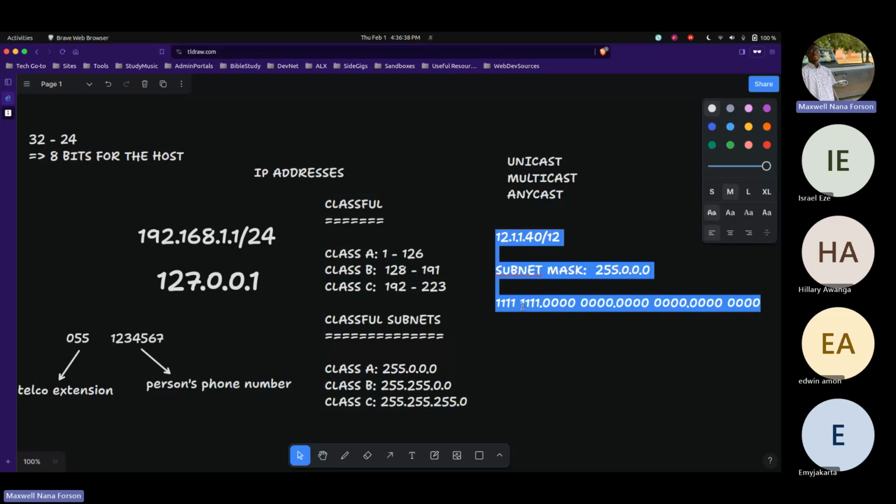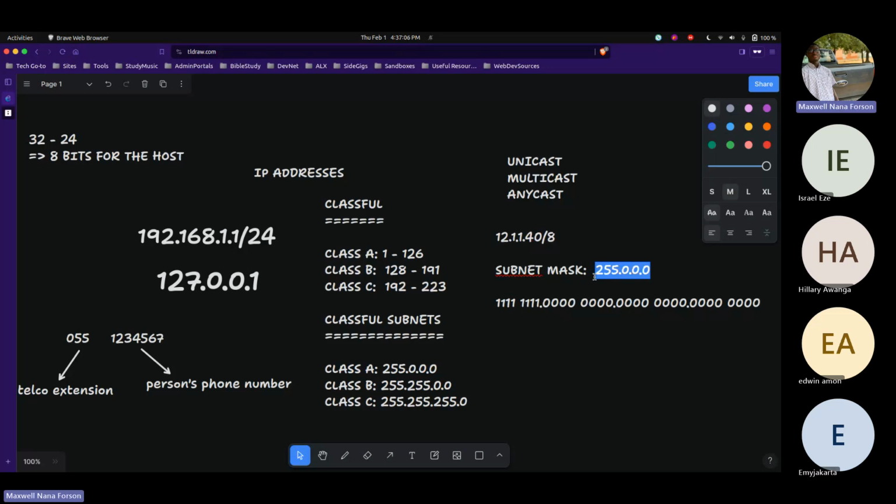When we break this into binary, you can see that 8 bits are turned on. So we have the slash notation where we can just say that this is a /8, meaning that only 8 bits have been turned on. And if we convert that into decimal, we will have this.